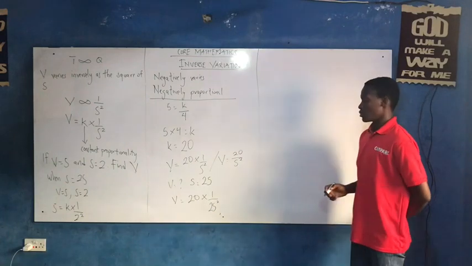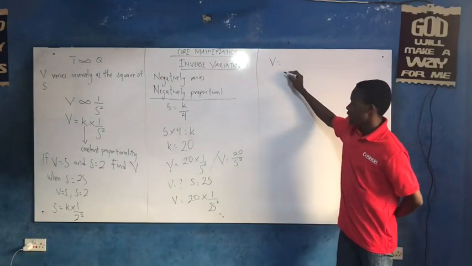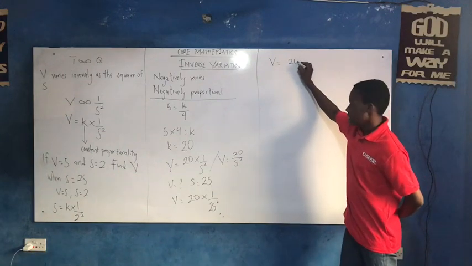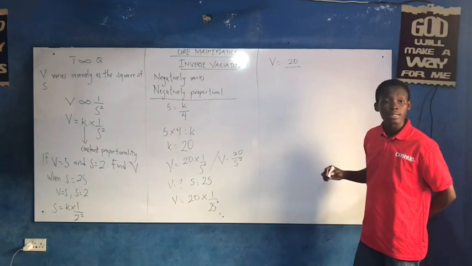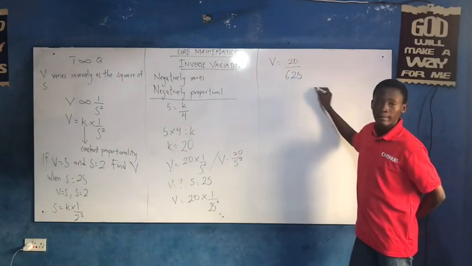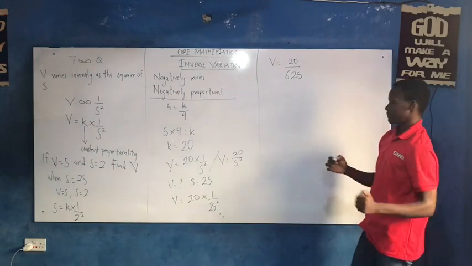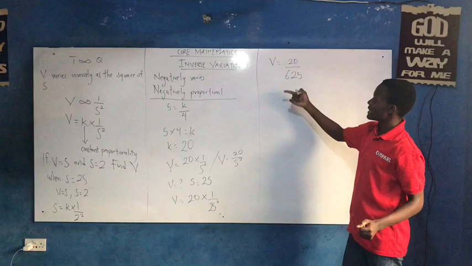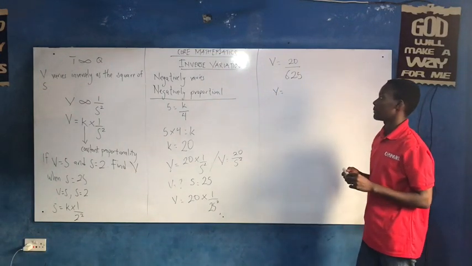In this case, we have V equal to 20 all over 25 squared, which is 625. So here we just need to divide through by a common number.